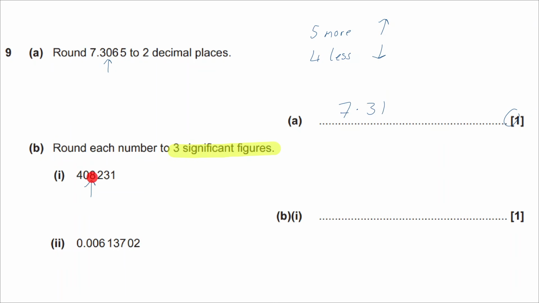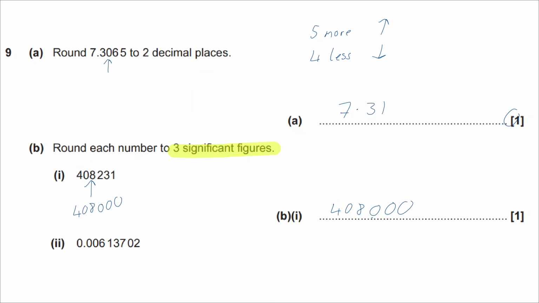So you keep this number here as an 8. So it's going to be 4, 0, 8. And then your numbers afterwards become zeros. So 408 and then 0, 0, 0. Let's get rid of the commas because it might look a bit confusing and just say we have 408,000.